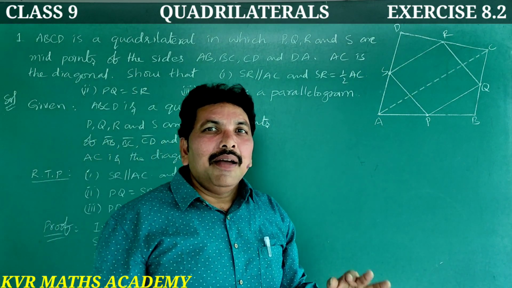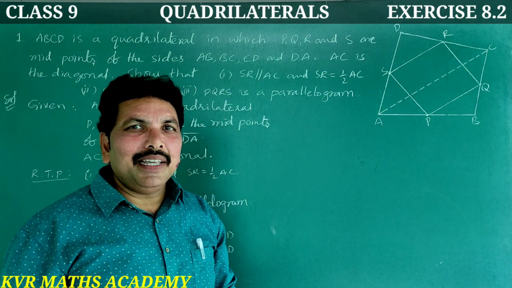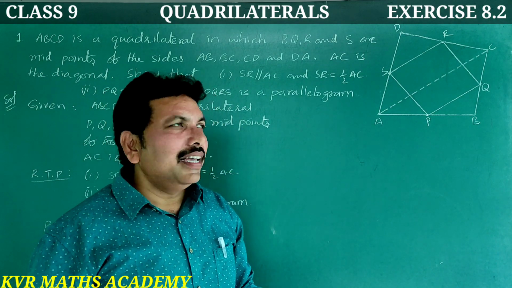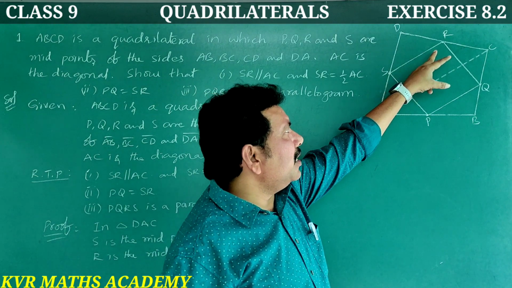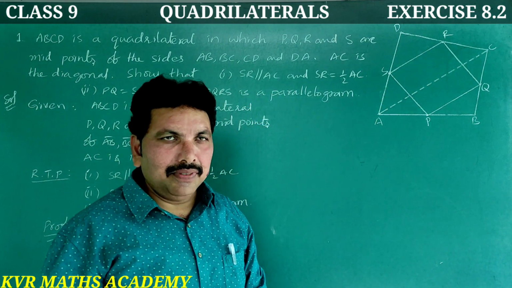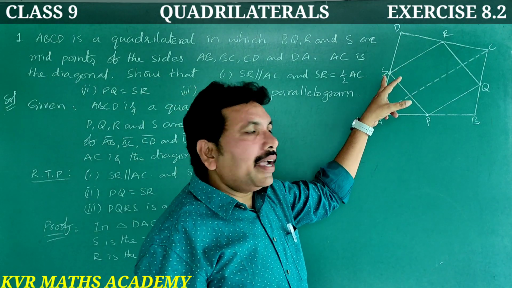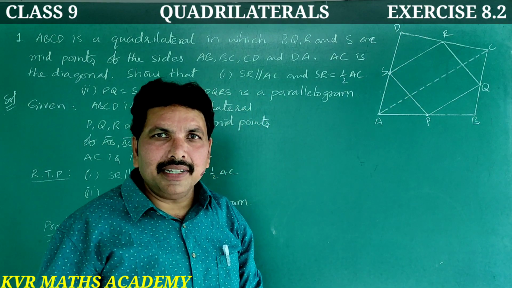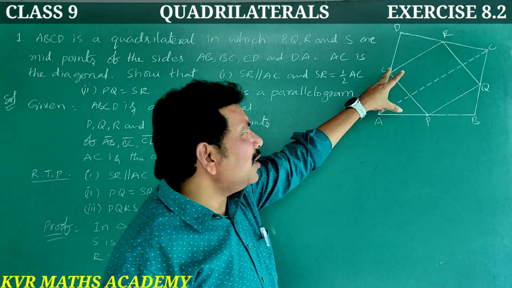By midpoint theorem మనం ఏం చెప్పొచ్చు క్లియర్గా? A line segment which is joining the midpoints of any two sides of a triangle is parallel to the third one.